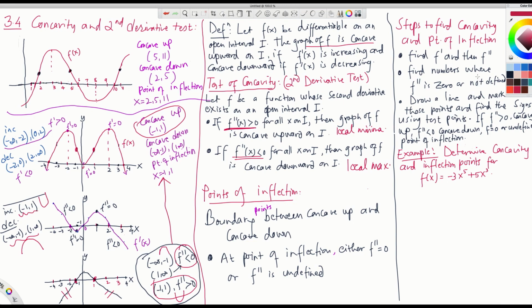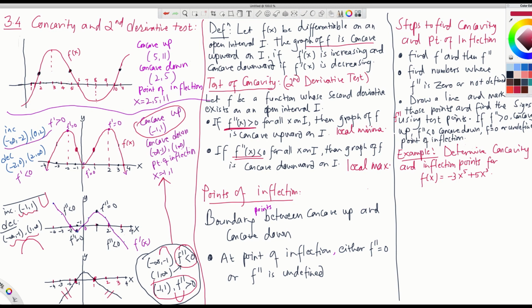We set f double prime equal to 0, and then we will also find the points where f double prime is not defined. After you do that, draw a line and mark those points you got from step 2 and find the signs using the test points. You remember finding the signs plus, plus, plus, minus, minus, minus of f prime. Here we will find the sign of f double prime using the test points.